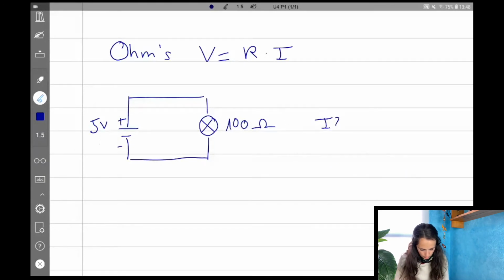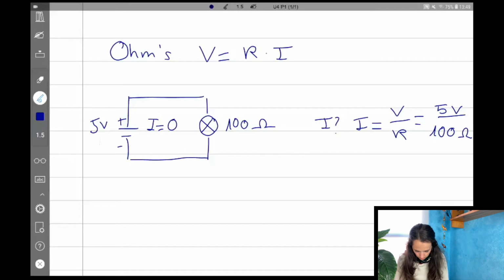And we want to guess the intensity value. So we just isolate the I, we transfer the R dividing, and we divide 5 volts by 100 ohms, and the result would be 0.5 amps, okay? So that's the intensity in this circuit.